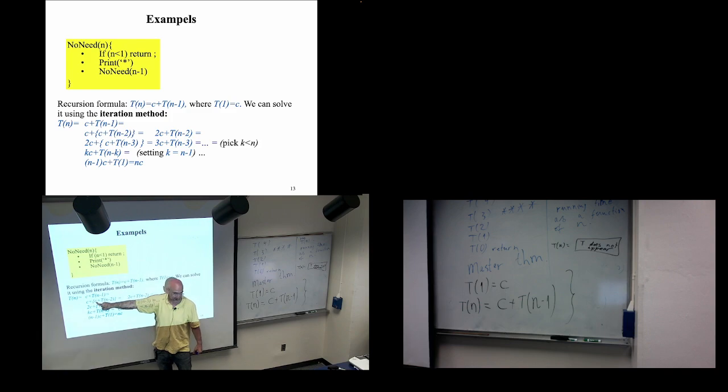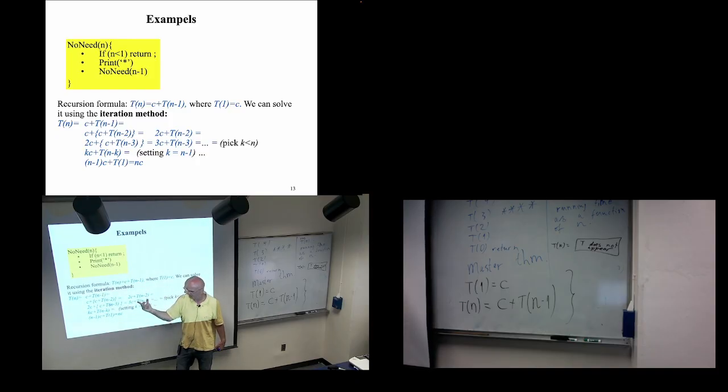You're spending the same constant, no matter what, plus T of, it was n minus 1, making it n minus 2. So what do we have so far? C that came from the original, plus C, plus T of n minus 2, just rearranging it, 2c plus T of n minus 2. Fantastic. What is T of n minus 2?